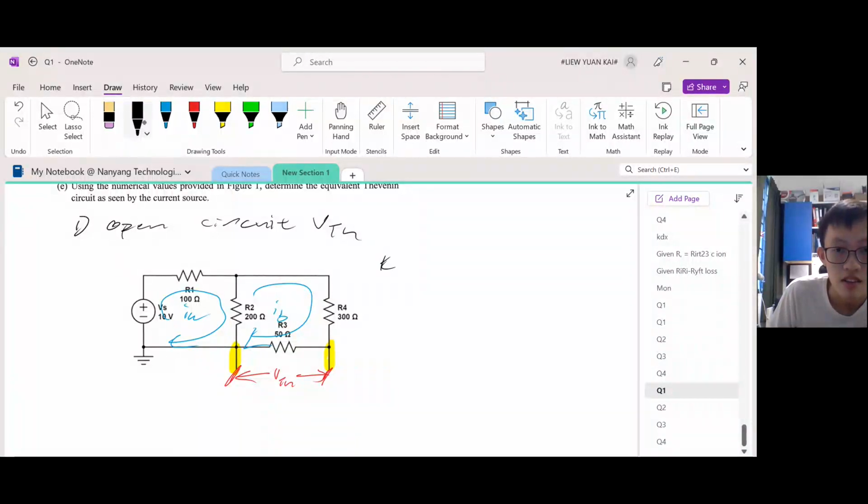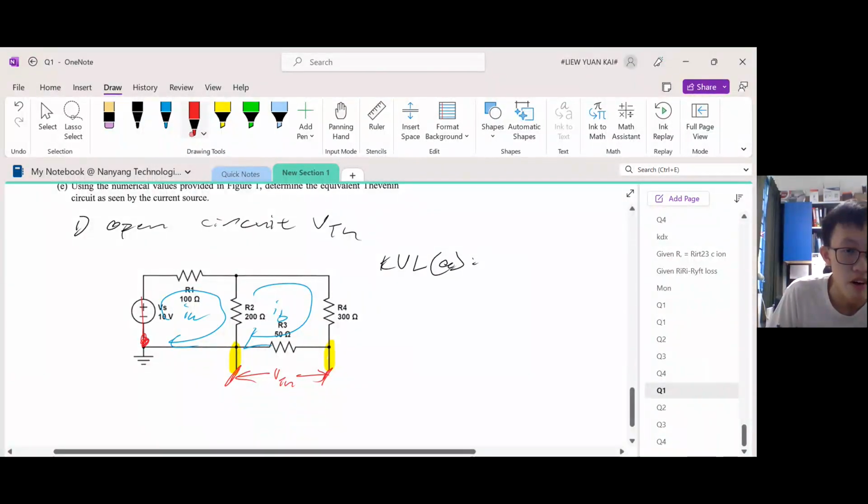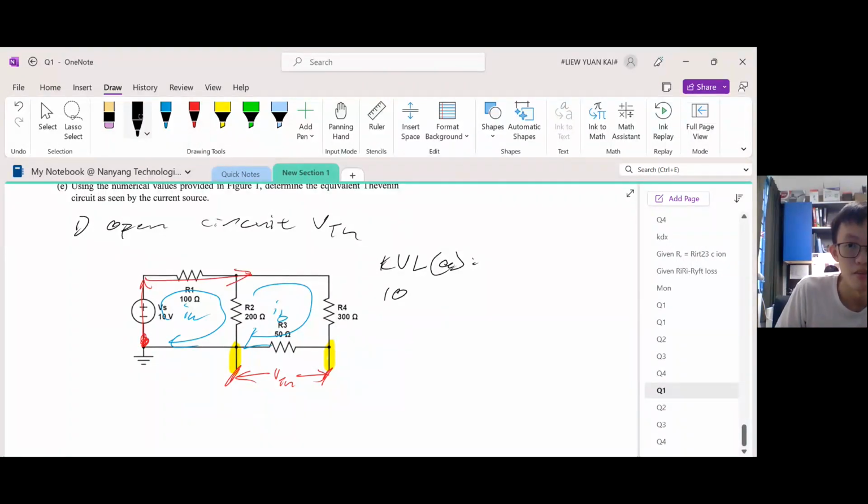Now do KVL at A. So at A, let's start from this ground. We walk up here, increase in potential by 10 volts, so positive 10. Then drop in potential, so minus. The current is IA, multiplied by the resistance.